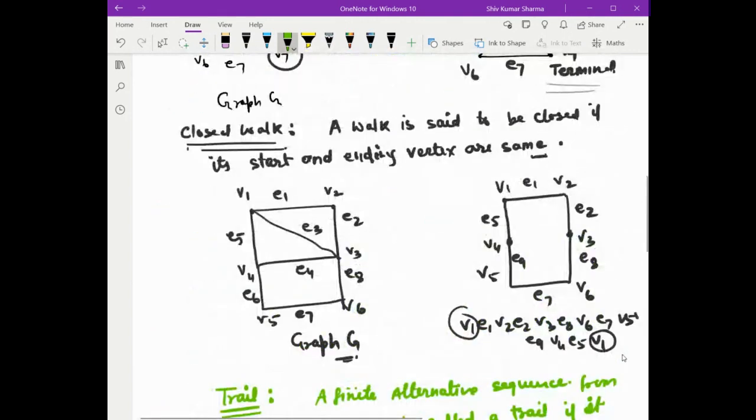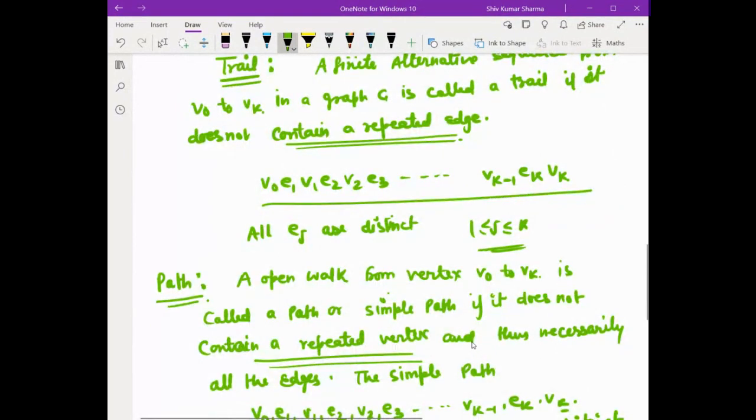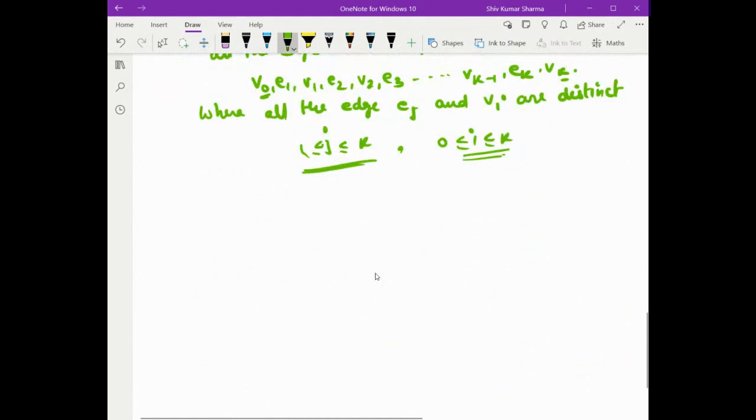So we define the trail. A finite alternating sequence from V0 to Vk in a graph is called a trail if it does not contain a repeated edge. That means a vertex may be repeated, but an edge is not repeated. But in a path it does not contain a repeated vertex, and necessarily all the edges are distinct. So how do we relate these two?